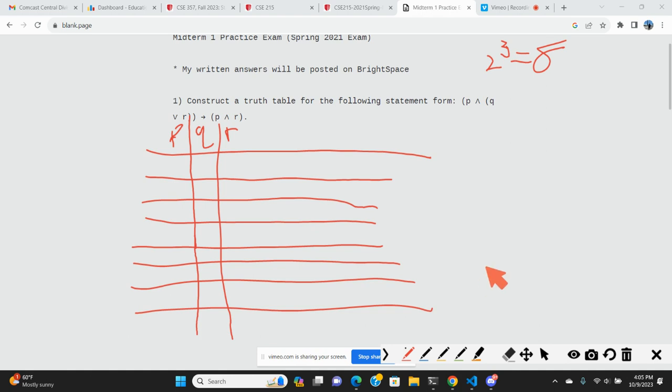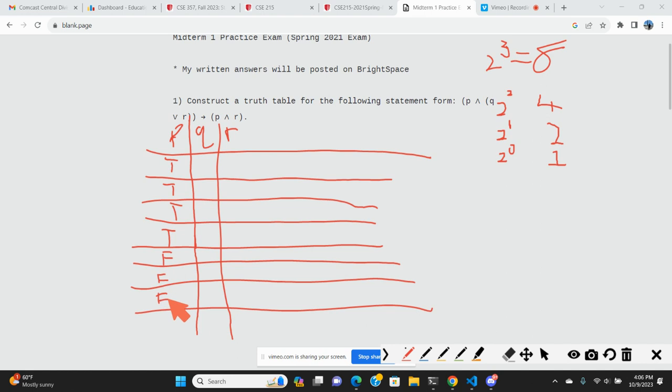If you remember, we begin by alternating 2 to the second number of values, then 2 to the first, then 2 to the 0: alternating every 4 between true and false, every 2 between true and false for the second column, and then every one. So it looks like this: true, true, true, true, then 4 falses.